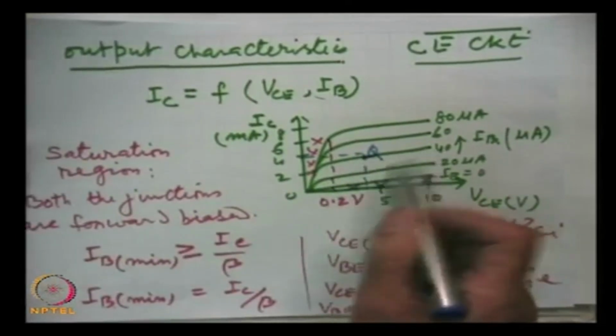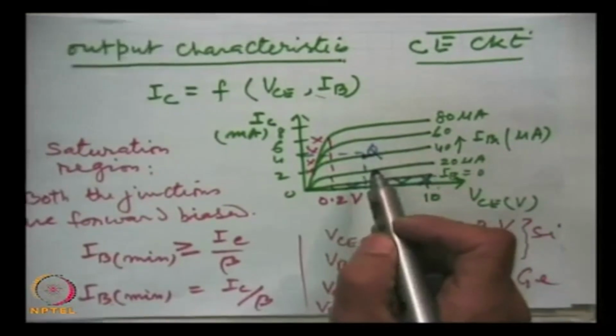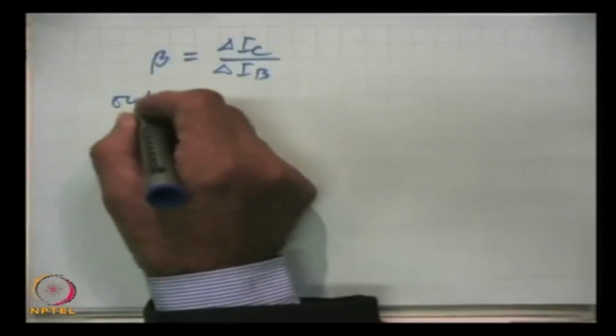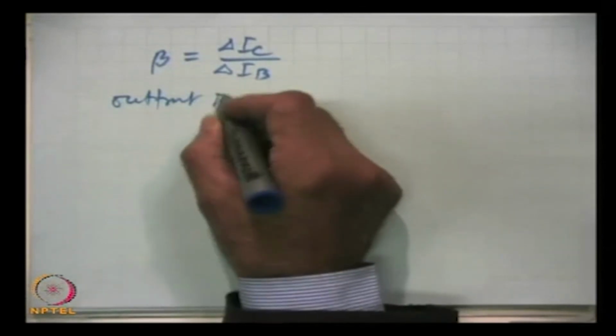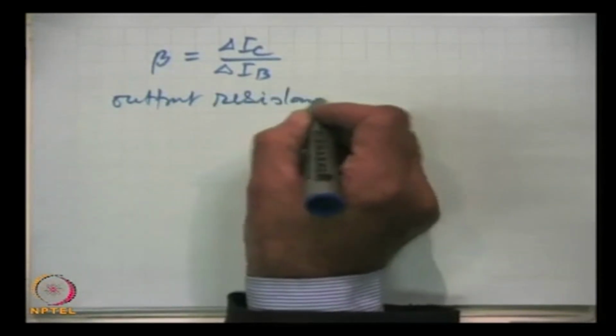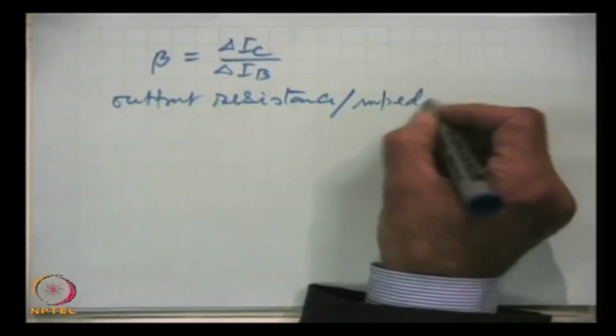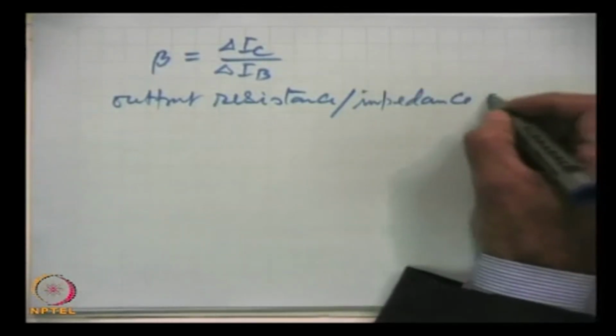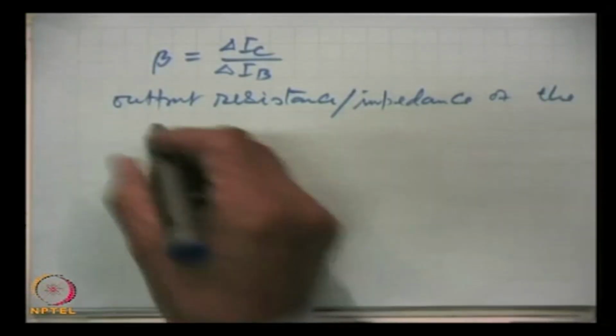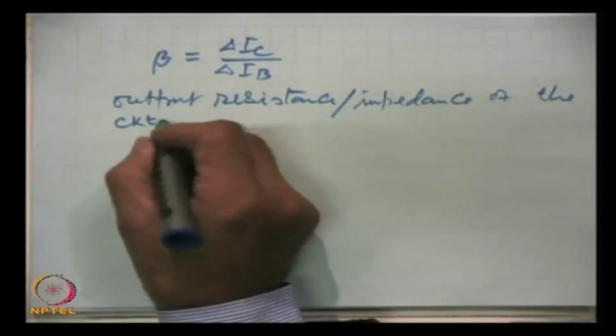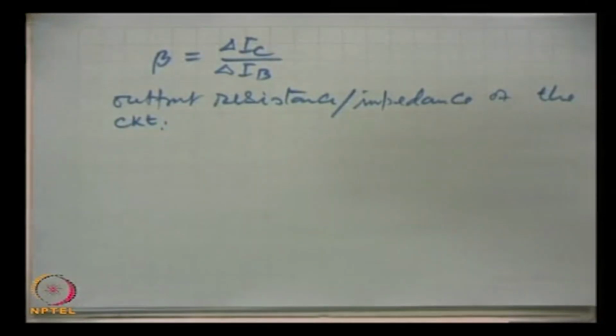From the slope of these curves we can find the output impedance, or output resistance, of the circuit, and that can easily be determined from these characteristics.